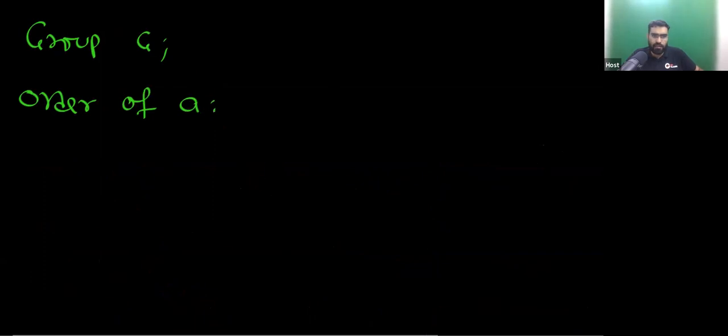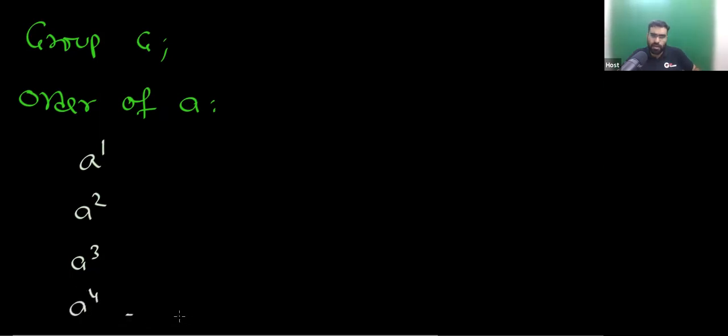So remember, if you have a group G and you want to find the order of A, just start with A power 1, then go to A power 2, then A power 3. Keep going until you get the identity element.